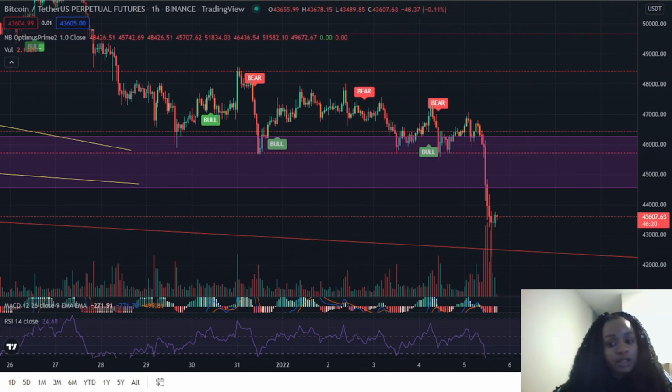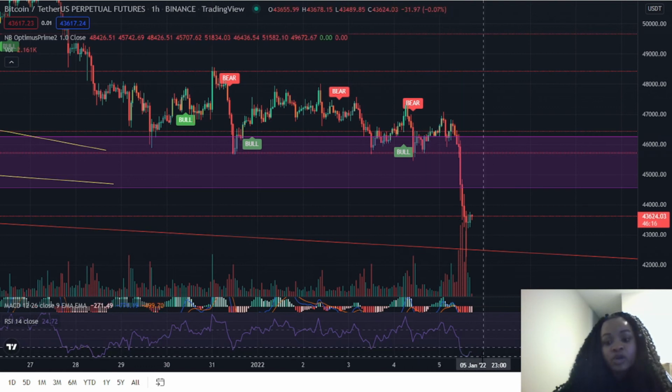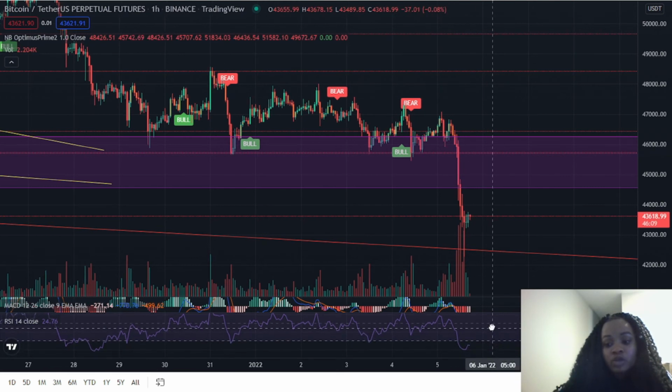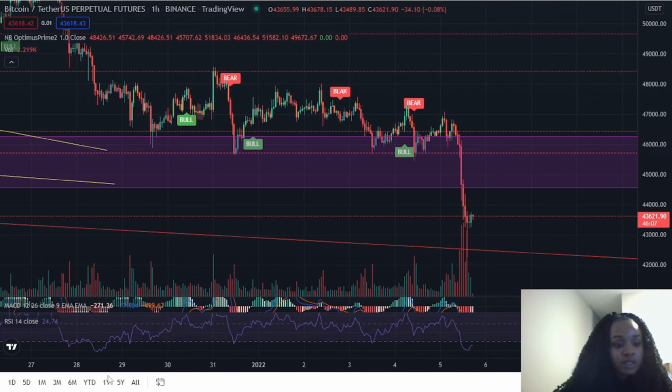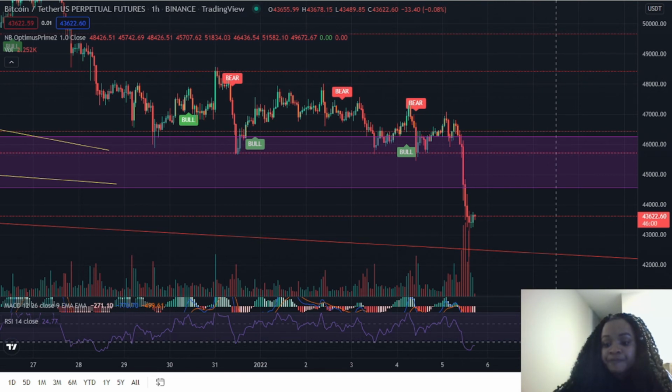I rarely use indicators. Right now I'm looking at the RSI, and it's showing that it's oversold on the 1 hour time frame. Oversold right here, okay? This is the RSI, the relative strength index.